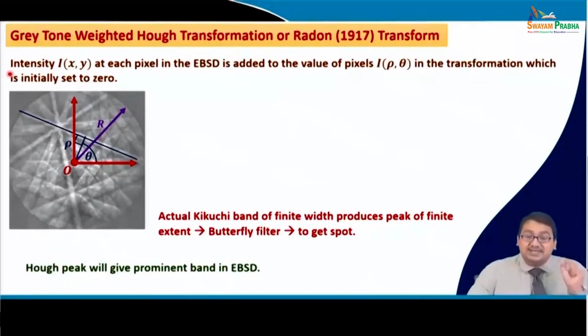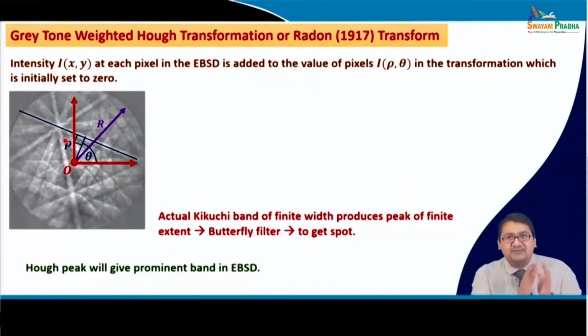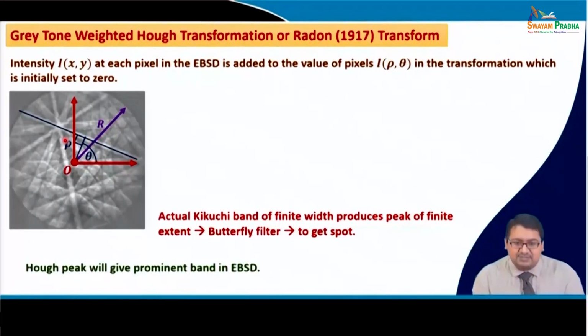Now, the intensity I(x,y) corresponding to the Kikuchi pattern, that means this pattern, right, at each pixel of this Kikuchi pattern, that is each pixel of the EBSD is added to the value of intensity in the rho theta space. Okay. And initially of this transformation, this rho theta space is set basically to a 0 intensity.